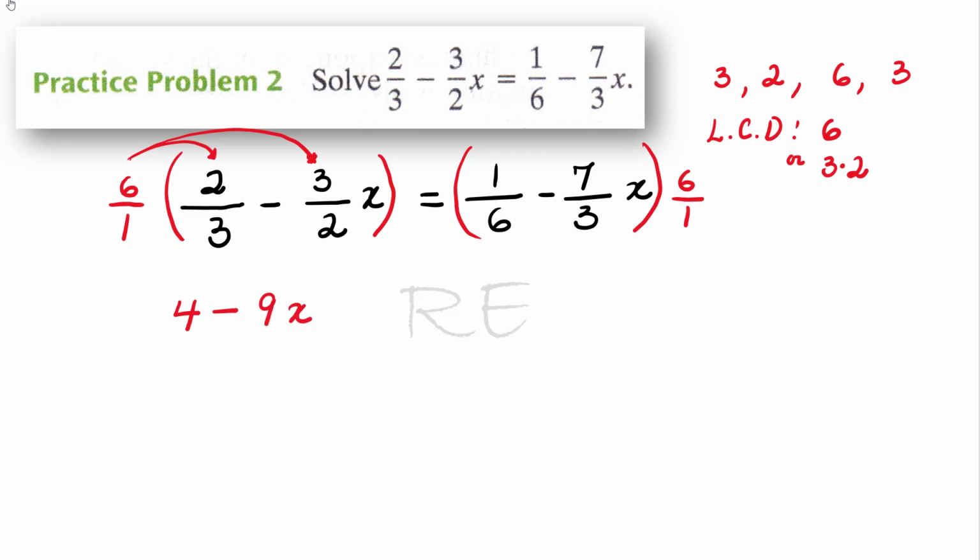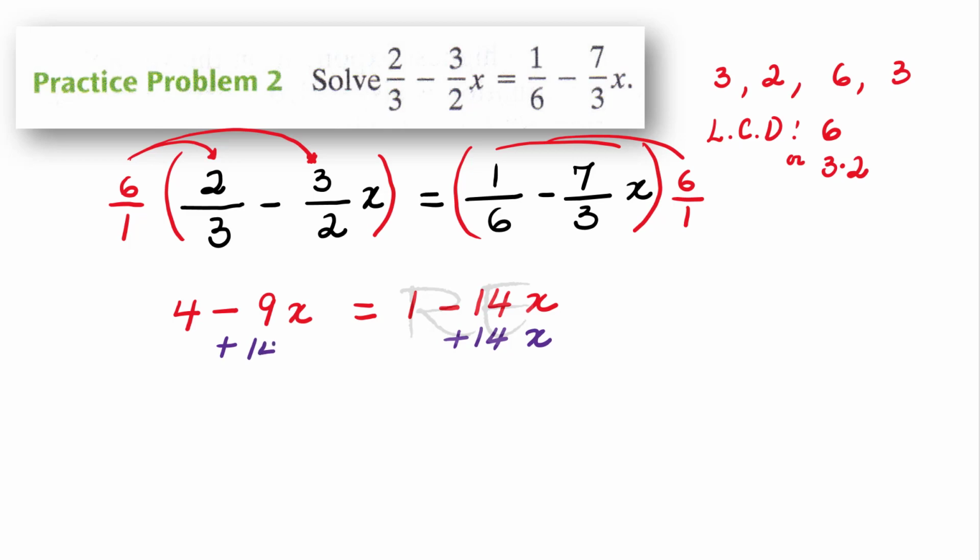And 3 times 3, 9, 9x. 6 times 1, 6. 6 divided by 6 is 1. 6 times 7 thirds. 6 divided by 3, 2. 2 times 7, 14. Negative 14x.